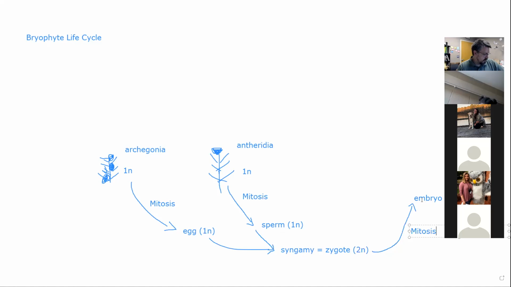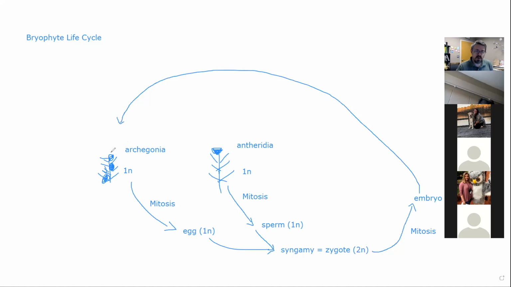Okay, so our embryo continues to grow. It will eventually become a... I'm going to have to do this a little bit strangely, but I'm going to take it all the way over here because this is where the female's at. Remember, the water will have splashed our sperm from here into some of these archegonia.